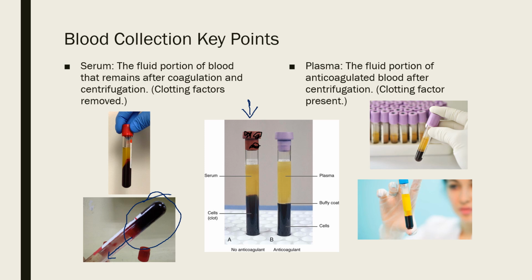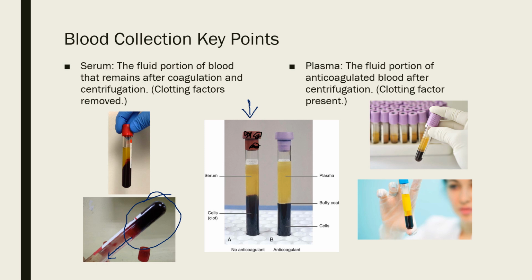that's the fluid portion where your anticoagulant has prevented it from clotting, so your clotting factors are still present in that plasma. Now with your serum, that clot has formed, which means any of your clotting factors that were needed to cause that clot to take place have all been used up, so they're no longer in that liquid portion.